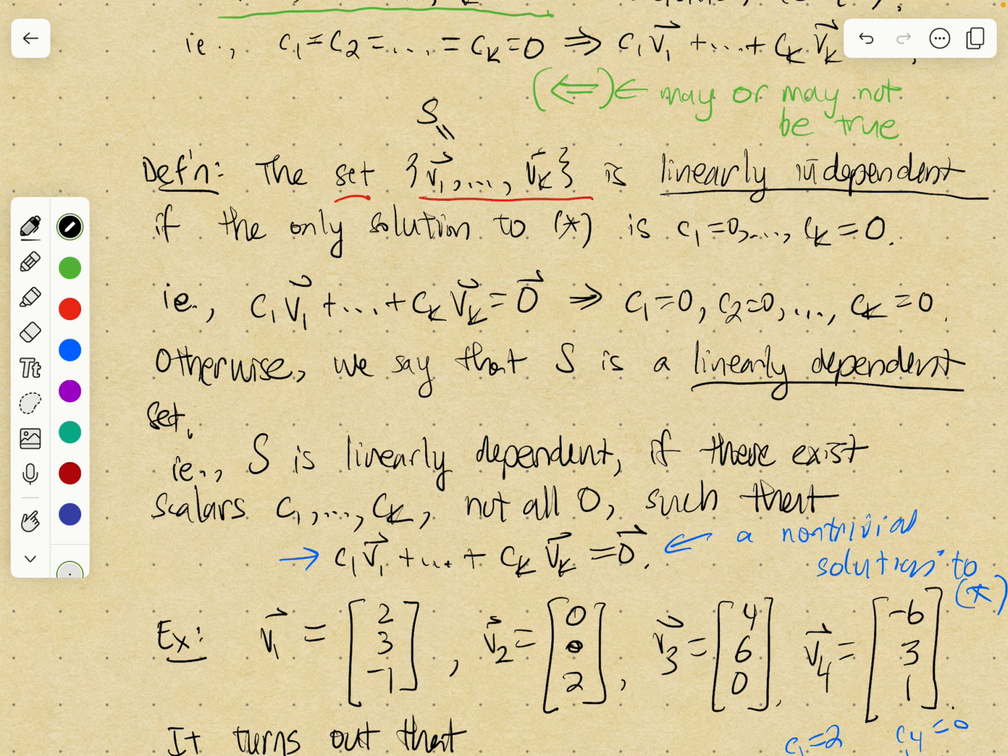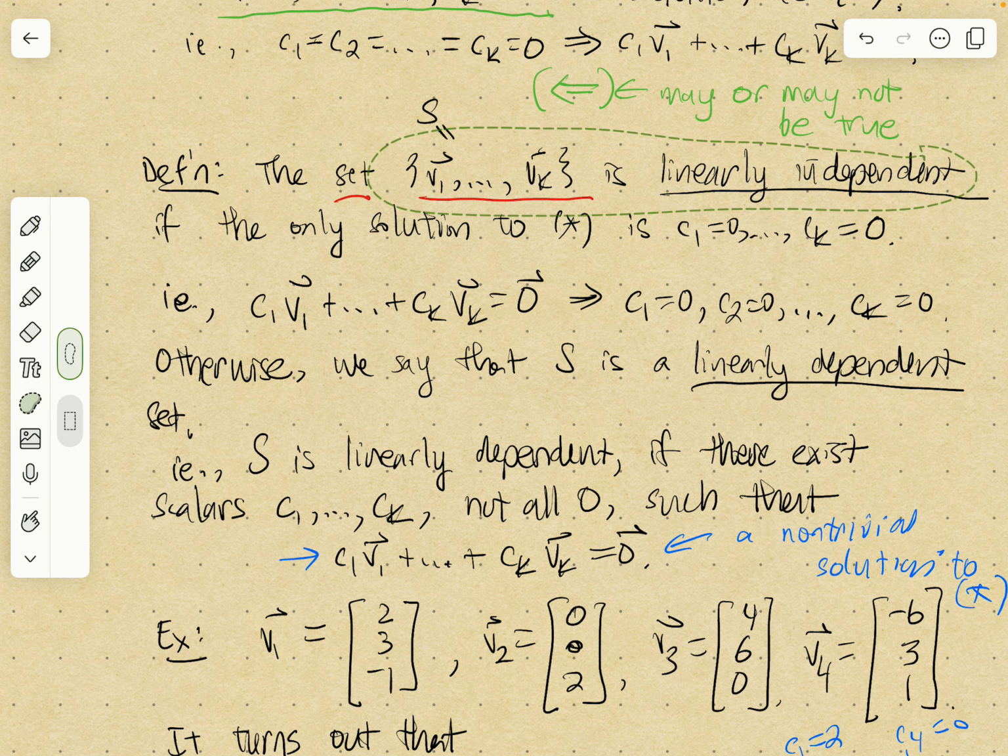Another thing is that colloquially, if you have this set S, which is linearly independent, we'll say that v1 through vk are independent, instead of saying that the set is linearly independent.